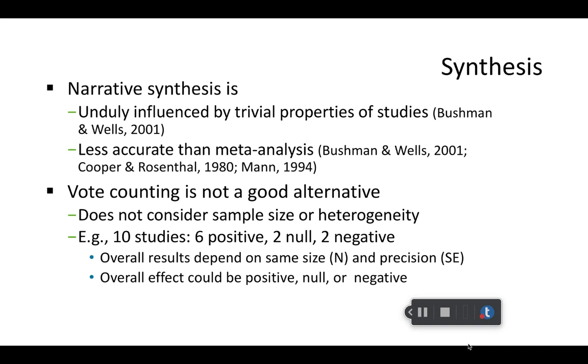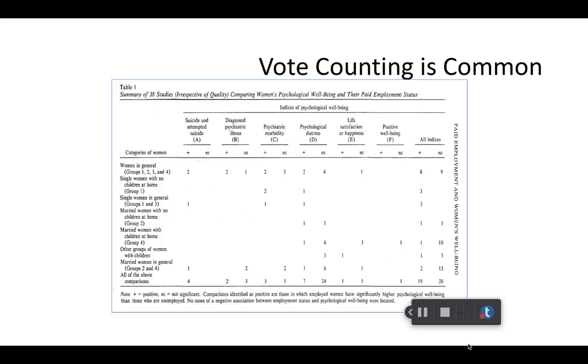Or it could be the other way around. It could be that the 6 positive studies are the big, rigorous ones and the other 4 are not. So simply counting the number of studies with positive, null, and negative results tells you absolutely nothing. But this is a common practice.